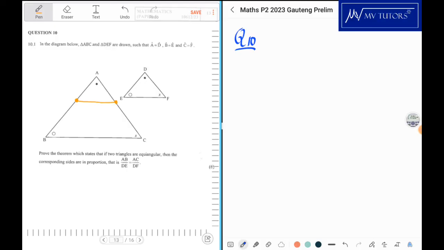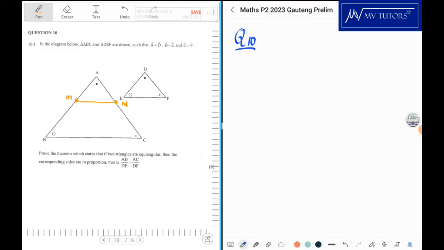So you will put a point, let's just call it point M and N. And you must make sure that AM is actually equal to DE, all right? And then AN is actually equal to DF, okay, such that MN is equal to EF. Okay, so that's the first thing.